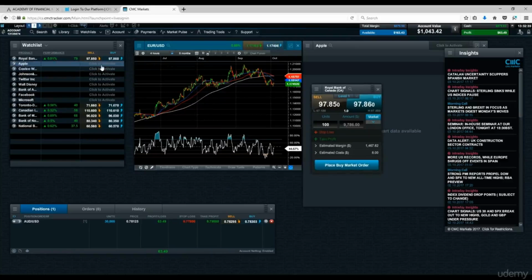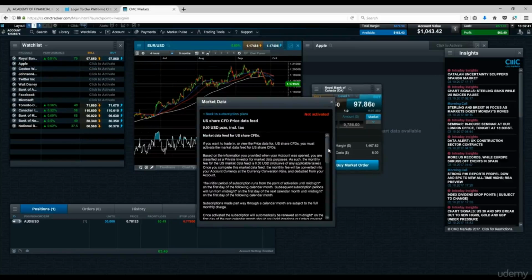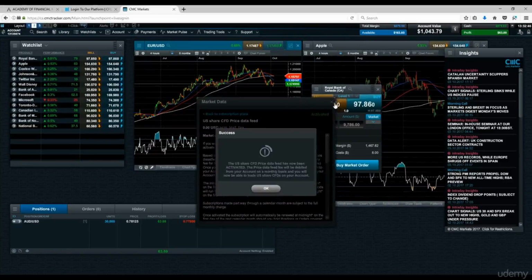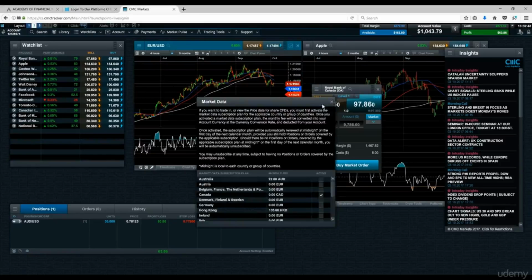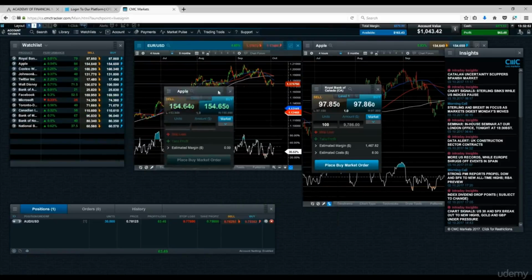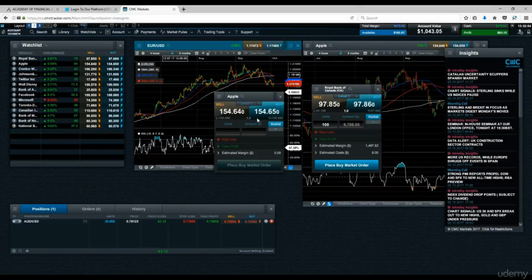All stocks are probably a little bit different though. Let's take a look at Apple for a second. Okay, so if I were to buy Apple again, yes. So here it's a 1 cent spread, but then there's also the $10 buy-in.